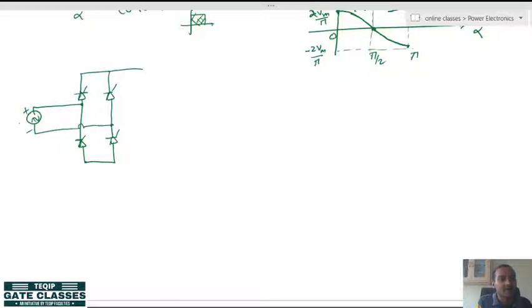Since load current is constant, I am making a constant current load. Due to large inductance, any one switch has to remain on, or some path must be available.